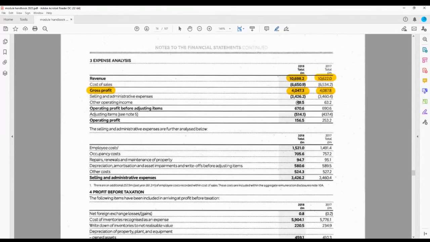So incomes have decreased. Adjusting items. So the main reason was adjusting items have quite increased, and then the notes. So what you need to do is read more into this, and the annual reports would explain why this was, and so that's what you need to do, basically explain the reason for this increase in operating cost.